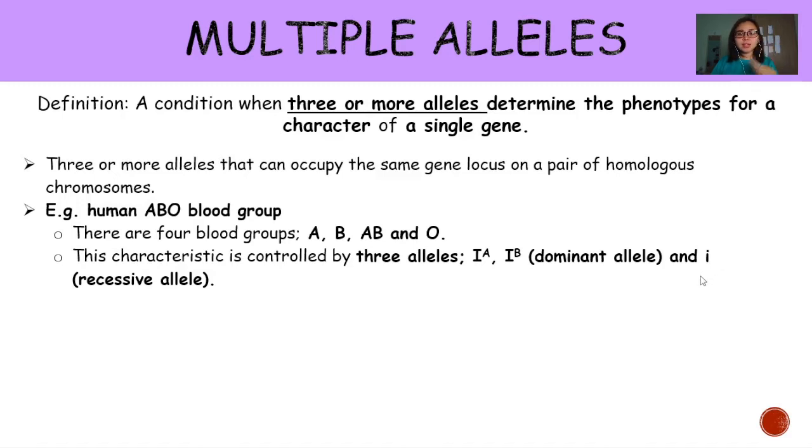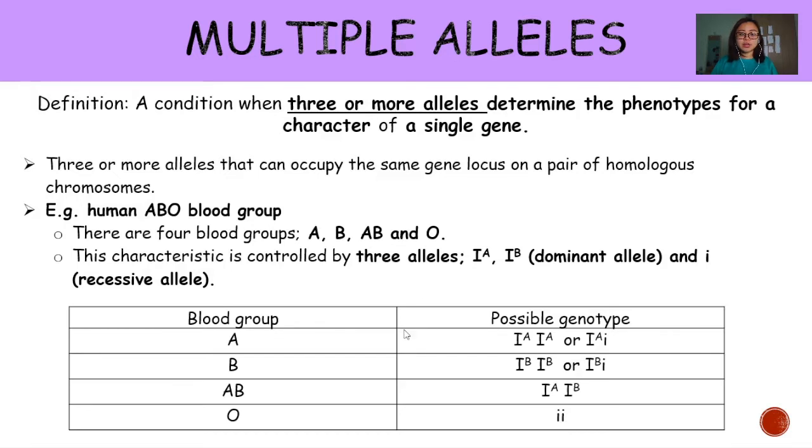Dalam contoh saya mau gunakan I besar A, I besar B, dengan I kecil untuk saya punya allele. The alleles IA and IB are going to be the dominant alleles, and small i is the recessive allele. So if your blood group is A, this is your possible genotype.